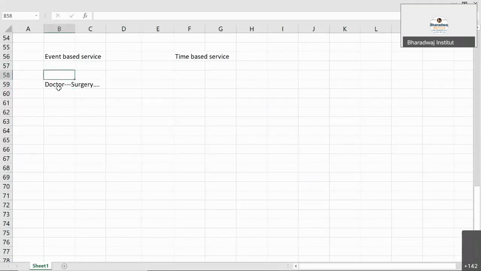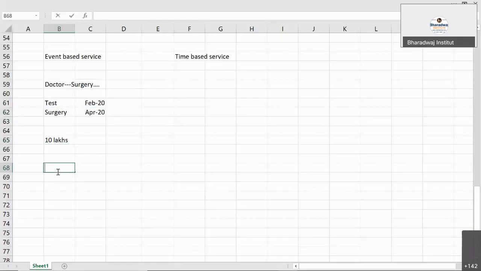Let's assume testing, etc., took place during February 2020, but surgery took place in April 2020. Let us assume the total amount payable to the hospital is 10 lakhs. In April 2020, the surgery is completed, 10 lakhs.